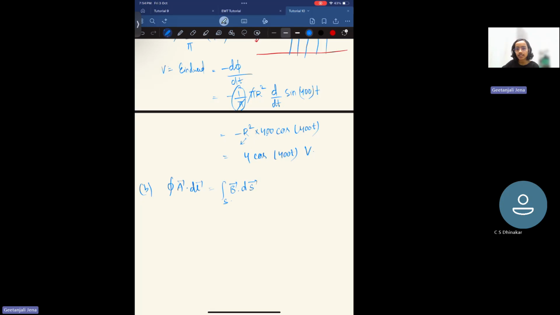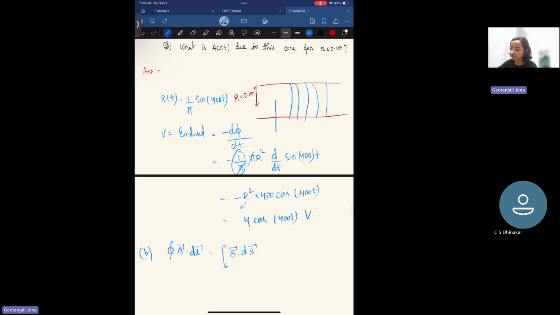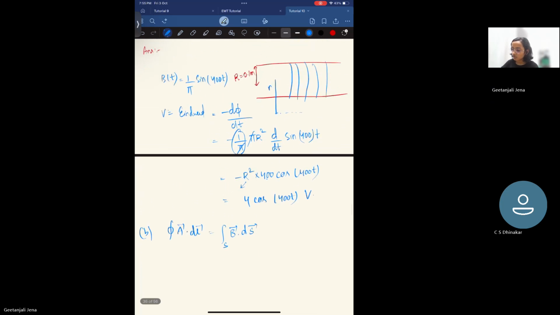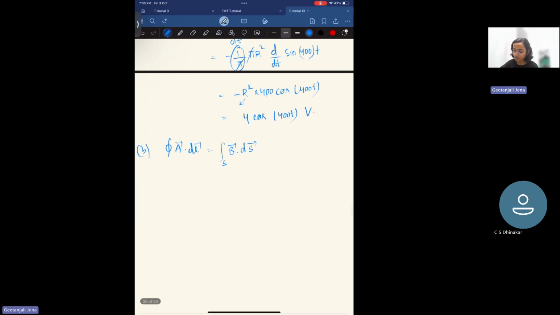We can calculate B dS, and according to that, calculate the vector potential at a distance. We are looking at a distance r greater than this radius, so in this region the flux would be the total flux through this r region. So dS would be pi r square.